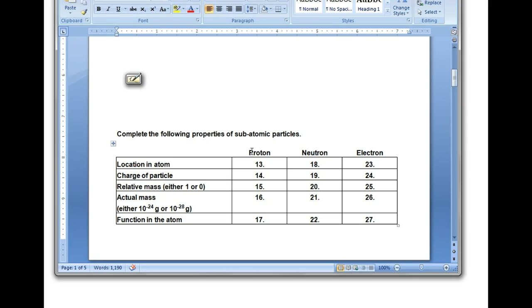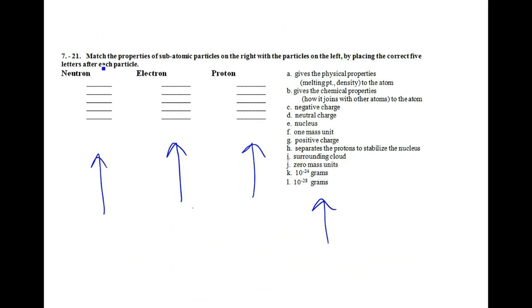So on your test you have proton, neutron, and electron, and you have to fill in, for 13, the location in the atom of the proton. For 14, the charge. 15, the relative mass, 1 or 0. 16, the actual mass, and 17, the function. So it's very similar to what this is saying. It's just a different format.